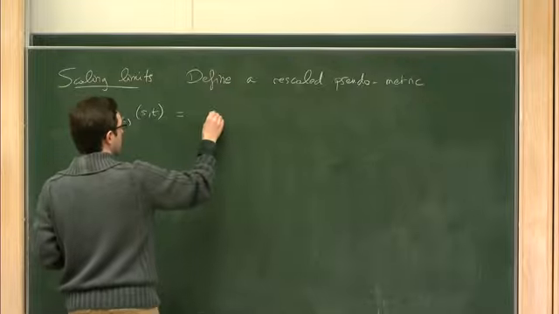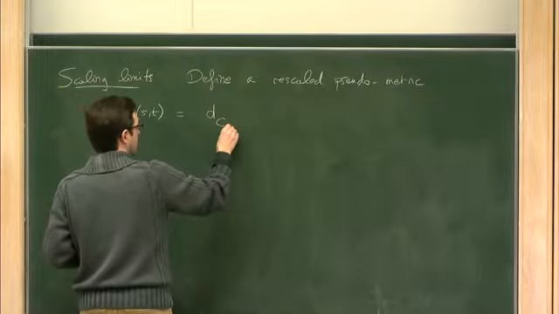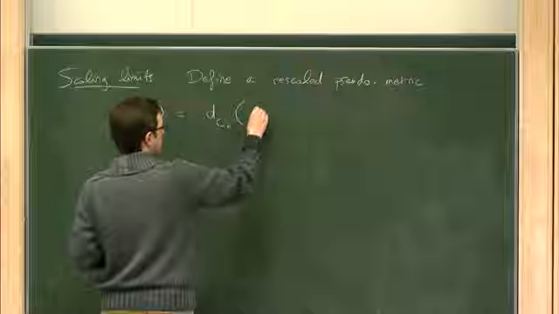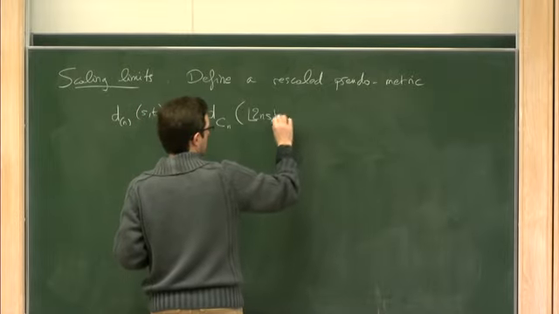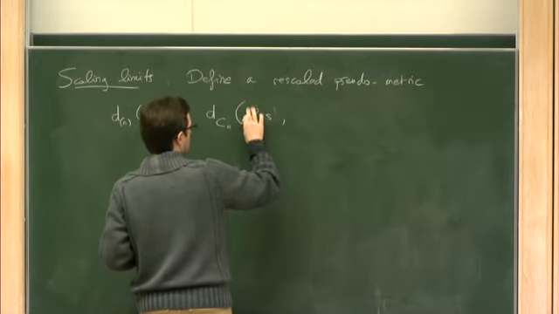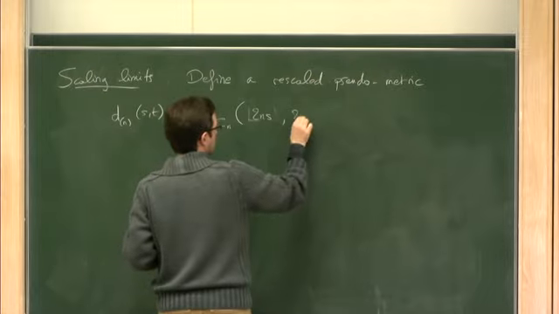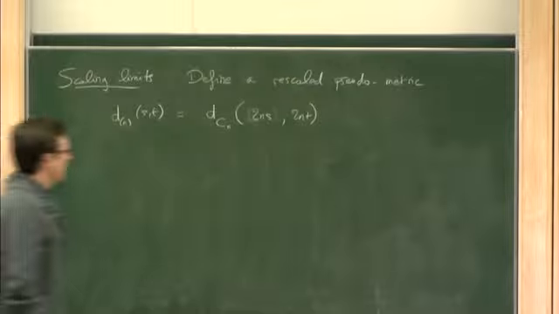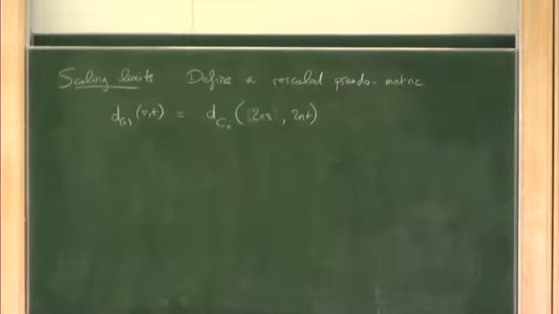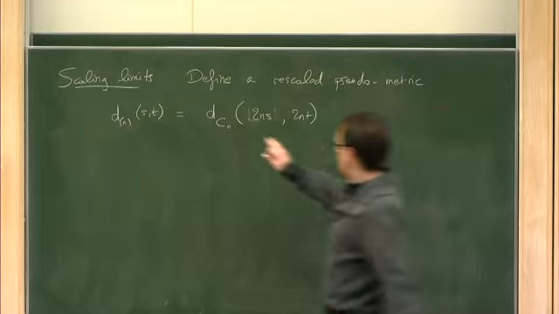So I consider the distance in Cn between 2ns and 2nt, forgetting the integer parts. In fact, this function can be defined on the whole interval from 0 to 2n, because I define the contour process everywhere, so this formula makes sense everywhere.